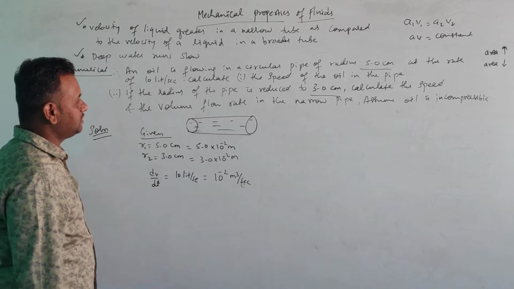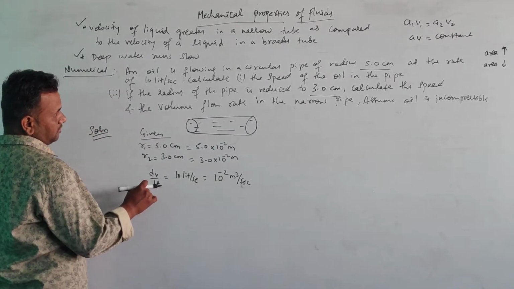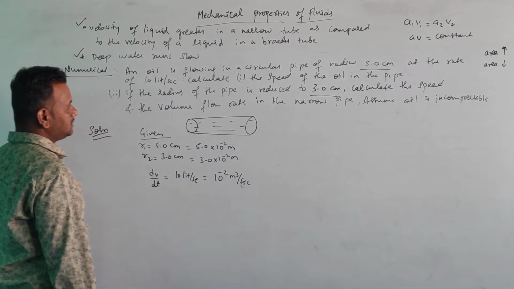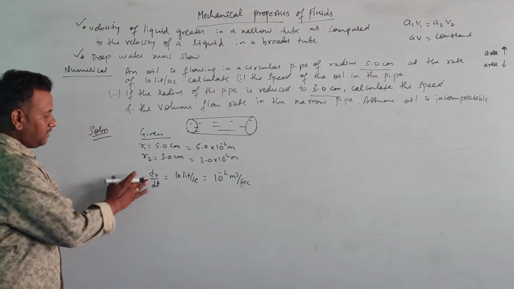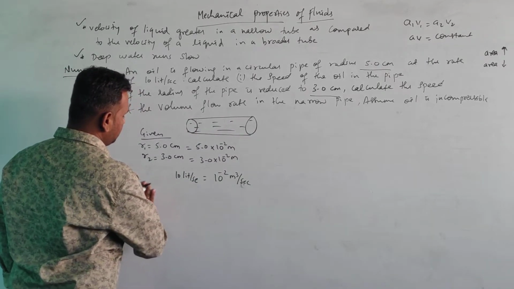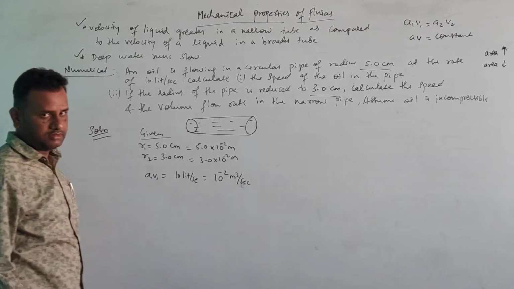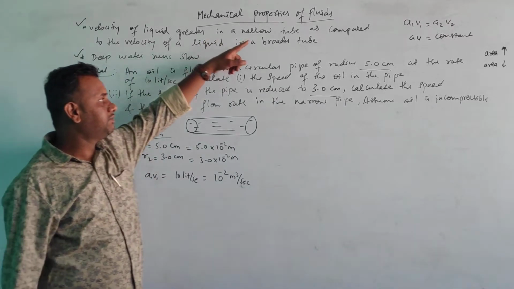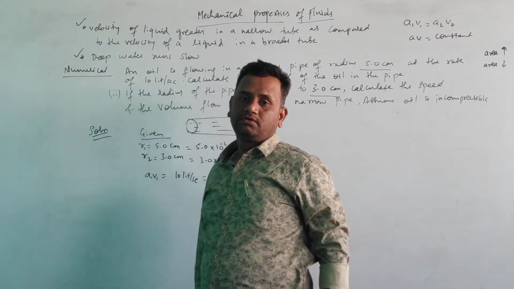For the first question, he is telling us to find out the speed of the oil. Rate of flow is given. Rate of flow means A1V1 value is given, not the dV by dt here. As I told you in the beginning, AV means the rate of flow.